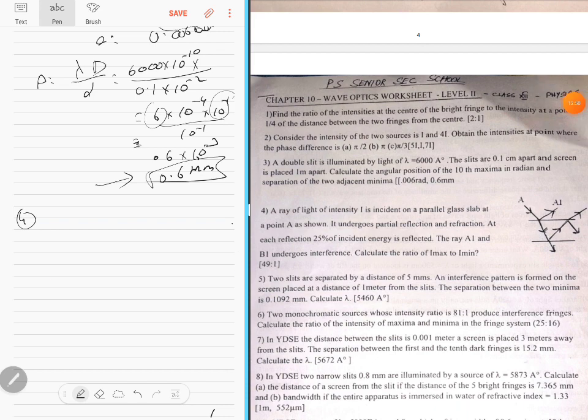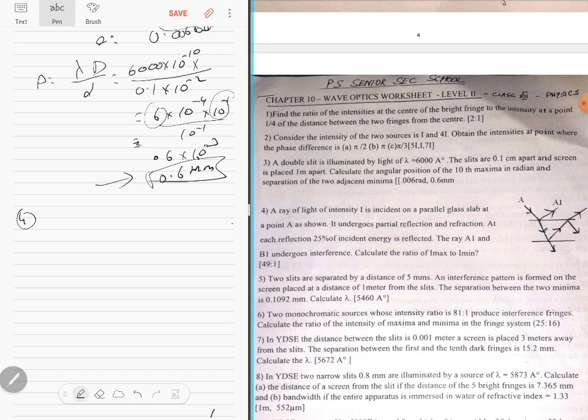The question is: a ray of light of intensity I is incident on a parallel glass slab at a point A. It undergoes partial reflection and refraction. Can you see it's been given reflection and refraction? At each reflection, 25% of the incident energy is reflected, which means 75% is getting refracted.